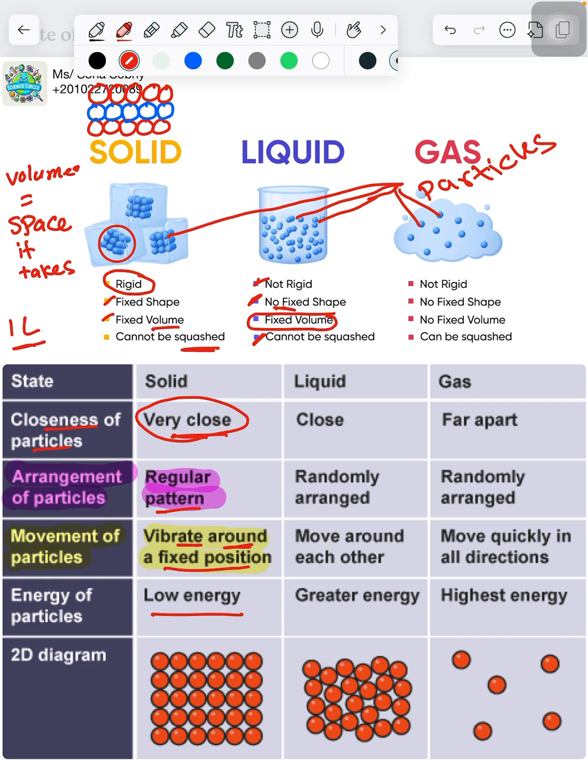The particles in a liquid are close together, but they are arranged in a random pattern. So here they are randomly arranged. If you wanna draw the particles of a liquid, you should draw like this.